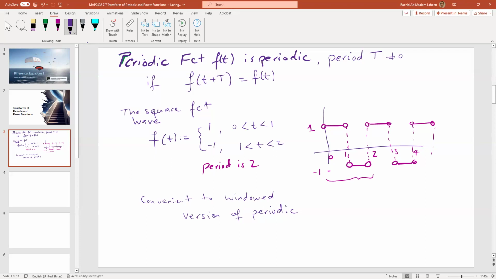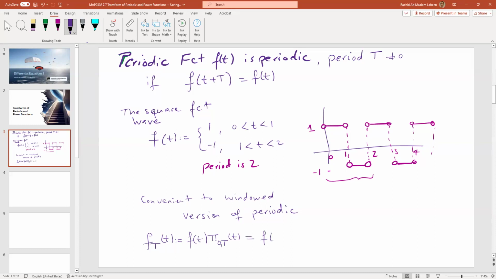So how would that happen? Let's say you have f sub capital T, where capital T is the period of f of t, and we can define it as f of t times the window on 0 to capital T. And we've seen this before.